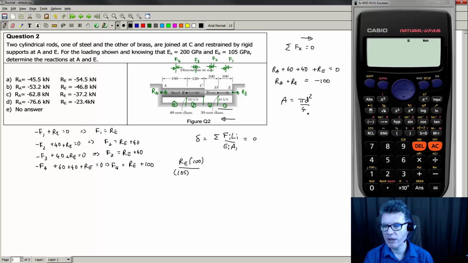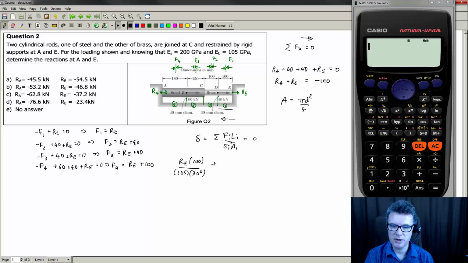So the pi and the 4, it's almost a bit like units again. They're all going to cancel out. The only thing I need to worry about is the d squared. So what's the diameter of this section? Well, it's based upon 30 millimeters, so I'll put that in there. Those who've done fluid mechanics are probably quite used to the fact that you are going to cancel out pi's and 4's. So that's my first term from this equation.